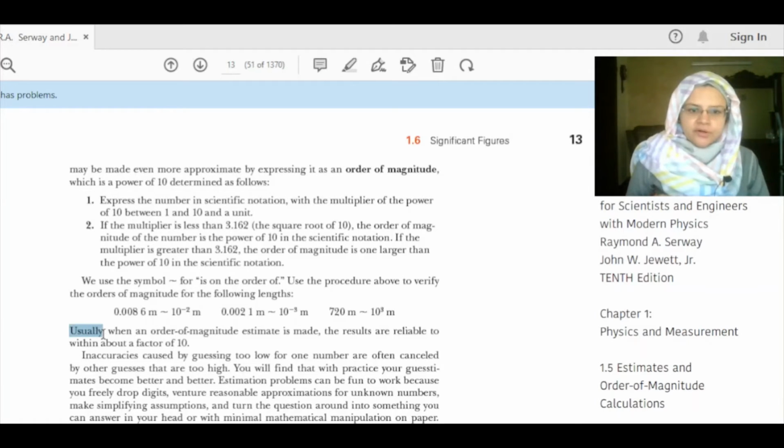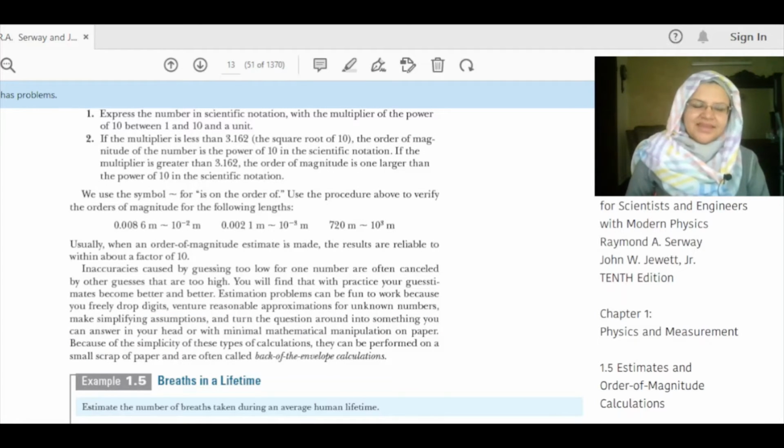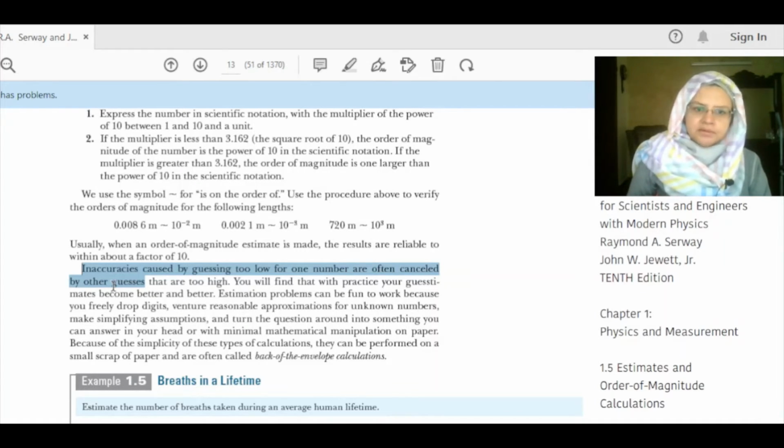Usually when an order of magnitude estimate is made, the results are reliable to within about a factor of 10. Inaccuracies caused by guessing too low for a number are often cancelled by other guesses that are too high. You will find that with practice, your guesstimates become better and better.